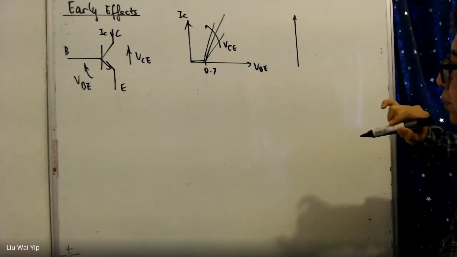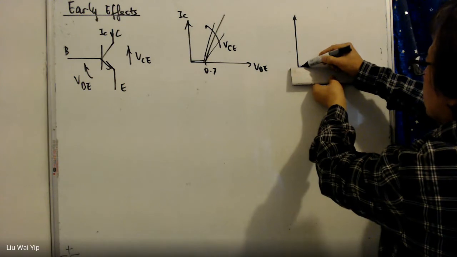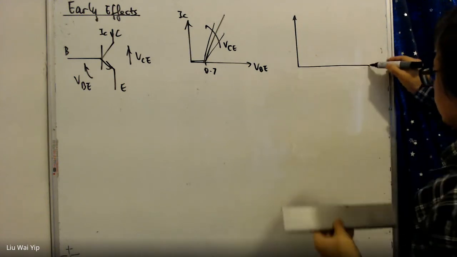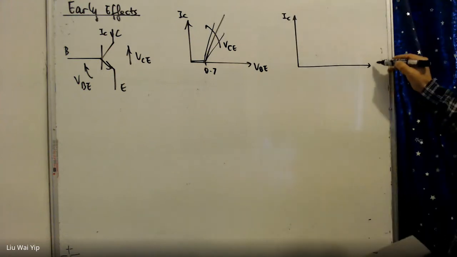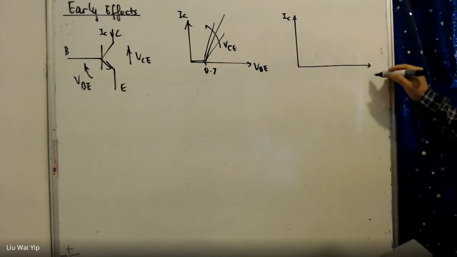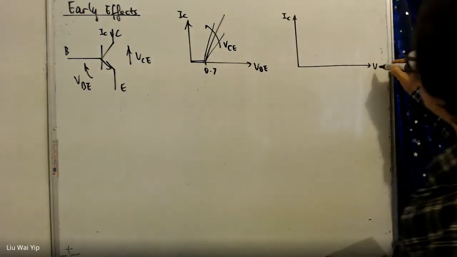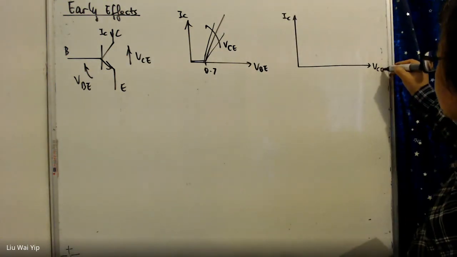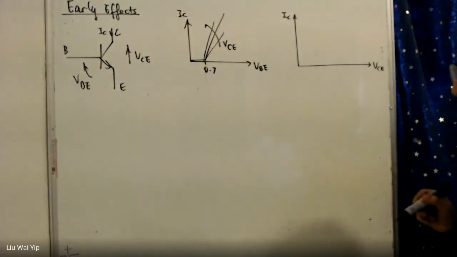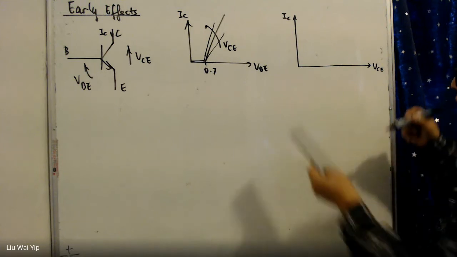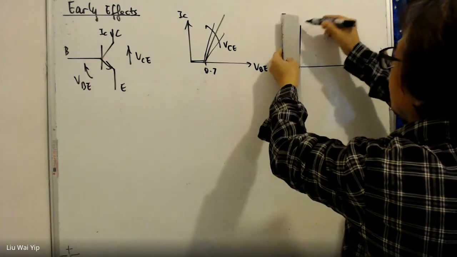But this is not good enough. What is more is they tried to plot this IC against this voltage. So essentially, they are treating this as a resistor. And surprisingly, they found something like this.